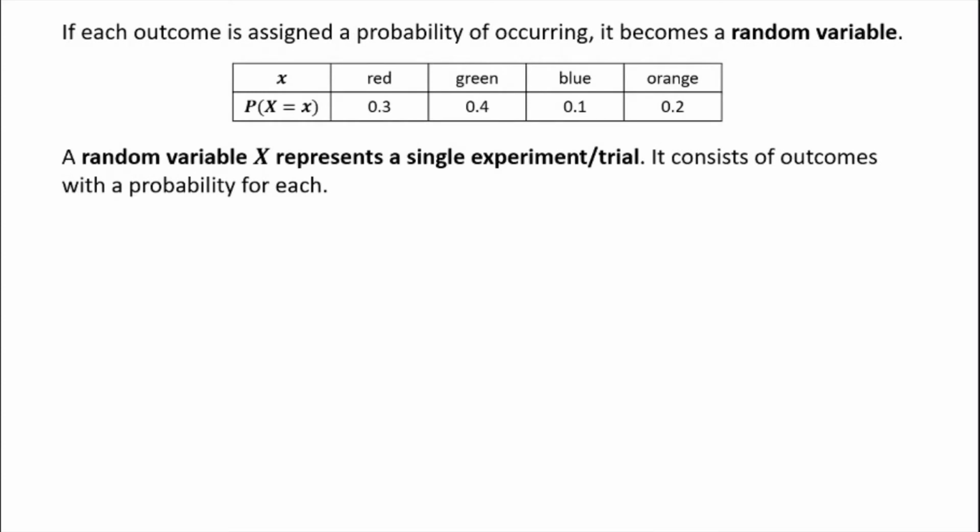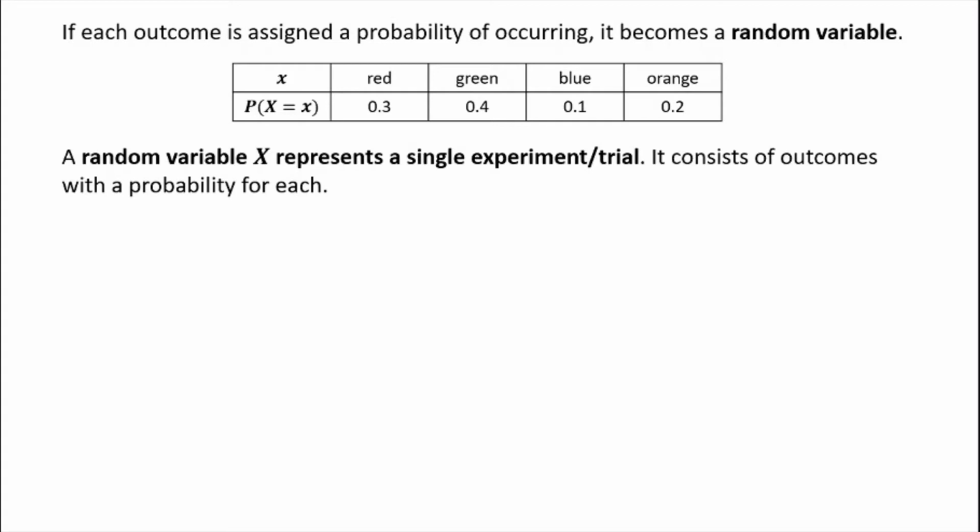The outcomes are colors on a spinner. But here's all the possible colors we can get on the spinner: red, green, blue, and orange. Once I've assigned probabilities to each of these outcomes, we have the probability distribution of this random variable. Every possible outcome and the probabilities associated with it.